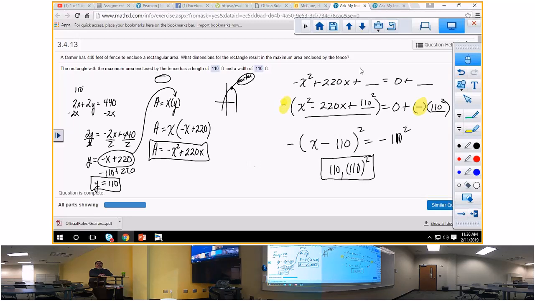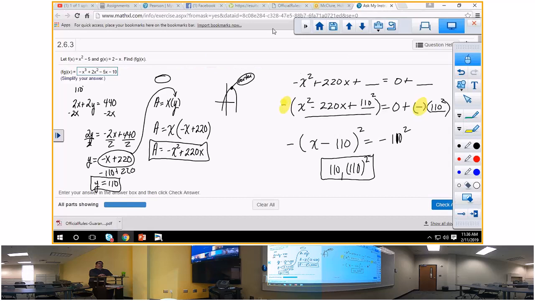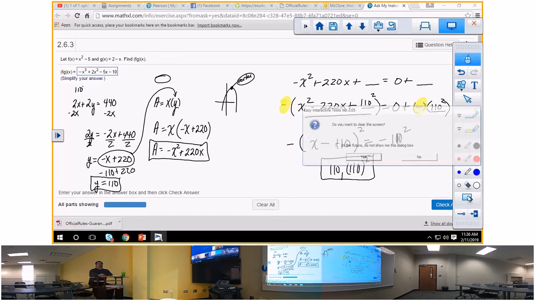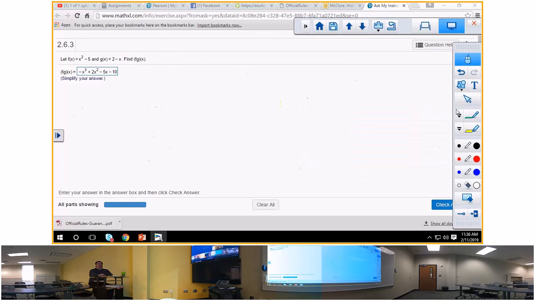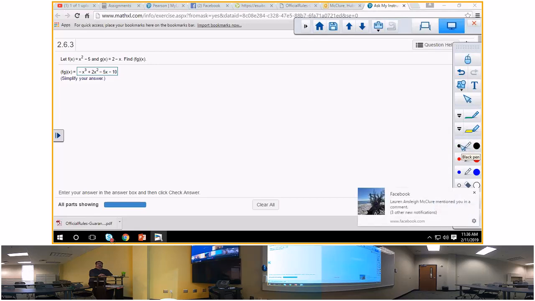All right, next one. And that's 3.4. This one is 2.6. I thought I had a chapter 2. I'm sorry I didn't see it. It's composed, and I'll go over composition of functions. Composition is when you have a big open circle between the two.